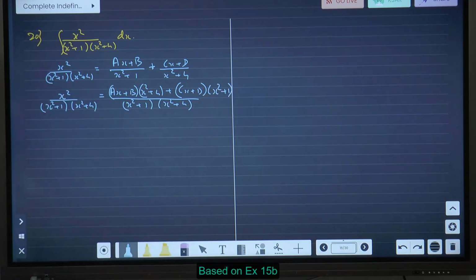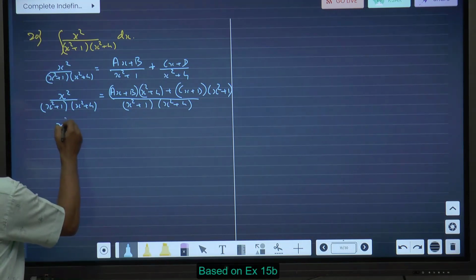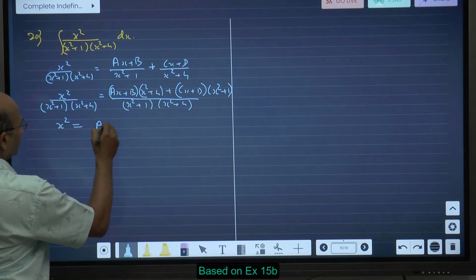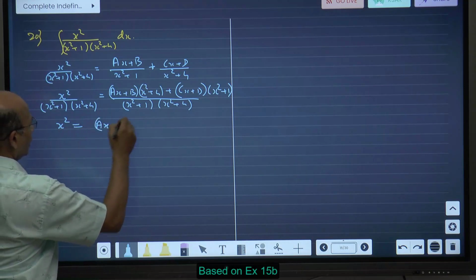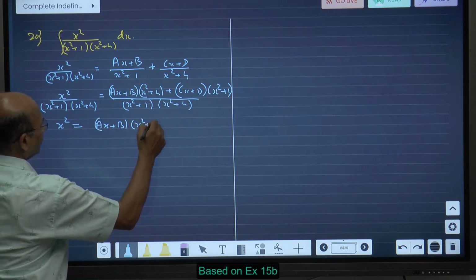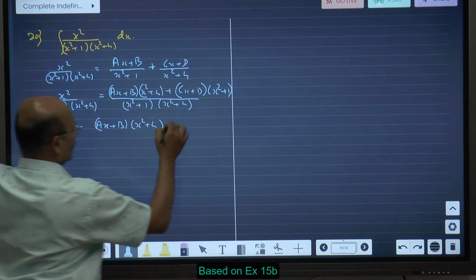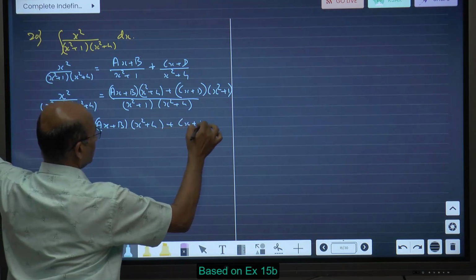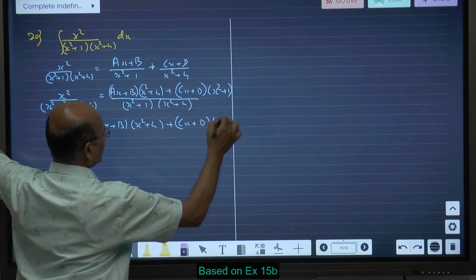Just LCM and cross multiply. Now, very important steps I am going to explain to you. The denominator on both sides is the same, so ax plus b into x square plus 4 plus cx plus d into x square plus 1.